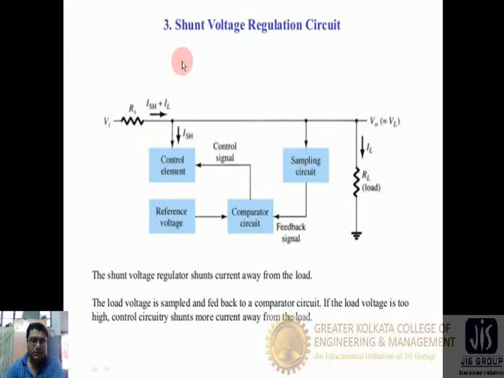Here we can see an uncontrolled input is given, Vi input voltage, Rs is there, a control element is there, a sampling circuit is there, a comparator circuit which takes the feedback from the output and compares with its reference voltage and produces a control signal to the control element which controls the total current of the circuit.